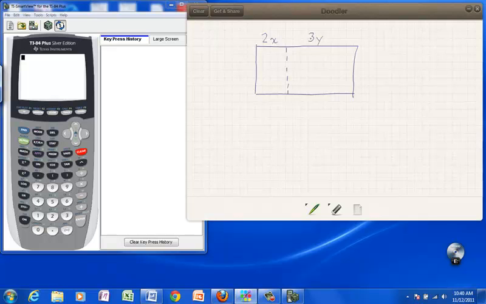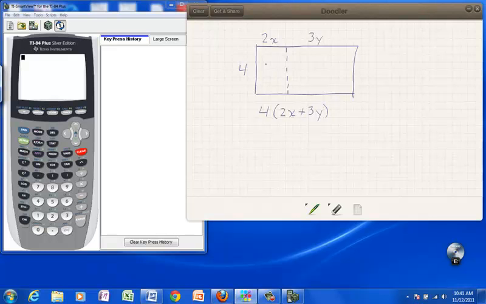And they want the product of 4 times that sum, so you want the 4 on the outside. So that's a divided rectangle that will tell us what 4 times the sum of 2x and 3y should be.